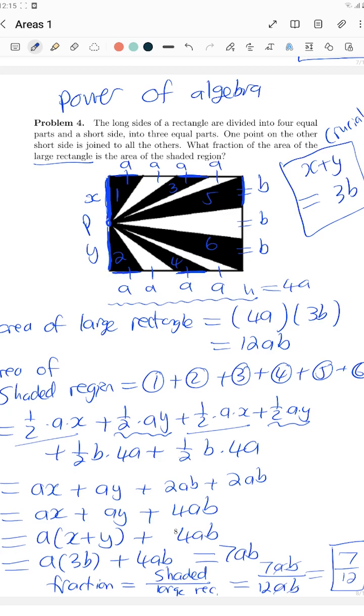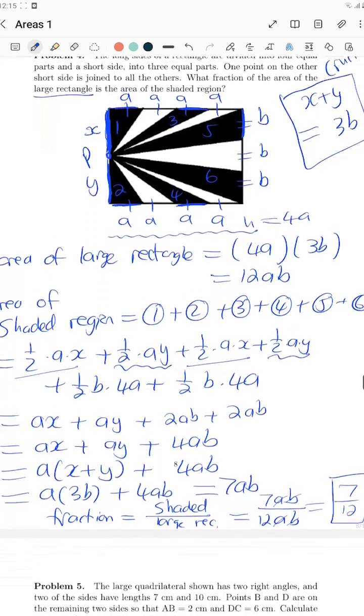And this is another important problem, because even though the problem started without algebra, we needed algebra to eventually help us show why the ratio of the two areas is 7 over 12. Good. I hope you enjoyed that problem.